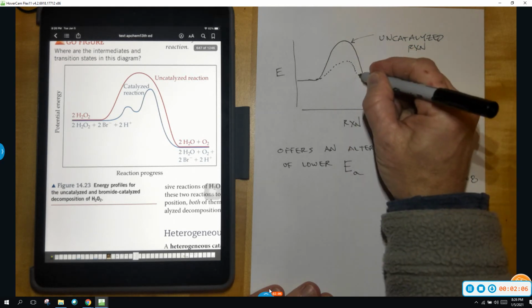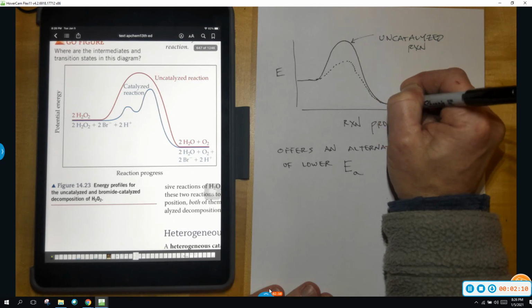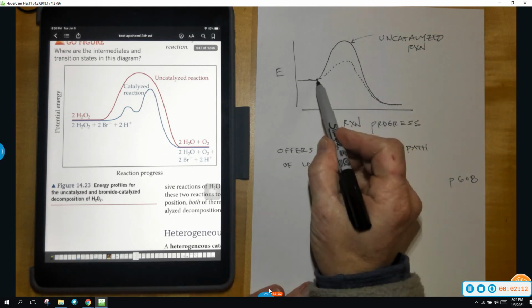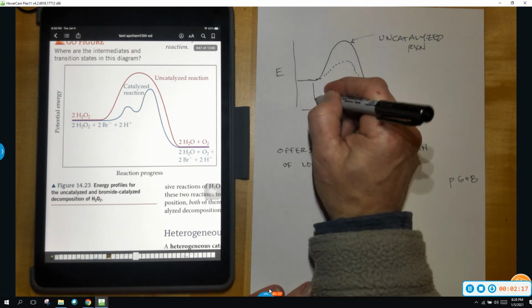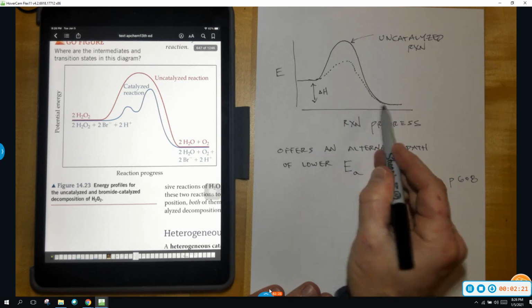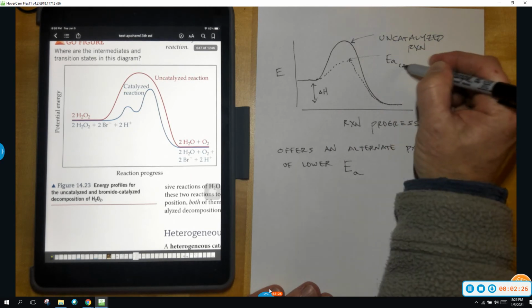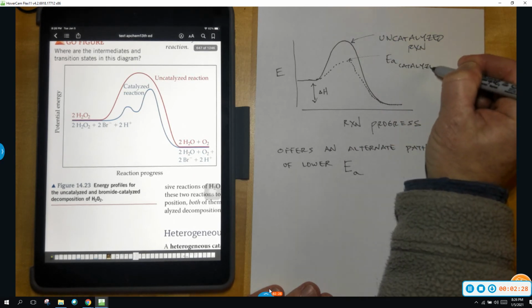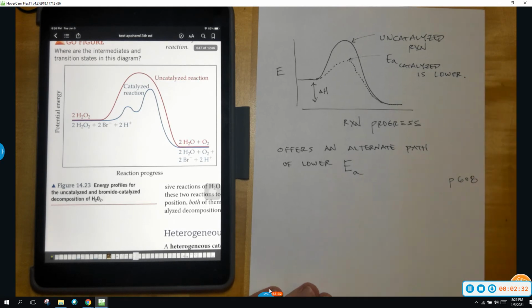The trick to drawing the alternate pathway is that the activation energy hill has to be lower, but it still has to start at the same energy and end at the same energy. So our overall delta H, or our overall enthalpy, remains the same, but the activation energy hill is lower. So it's offering an alternate pathway that lowers the E sub A, and therefore the reaction is faster.